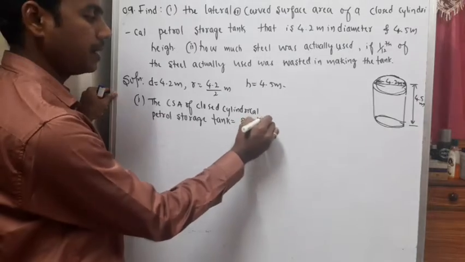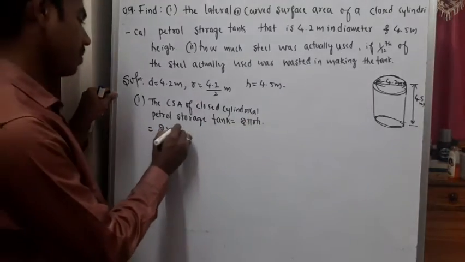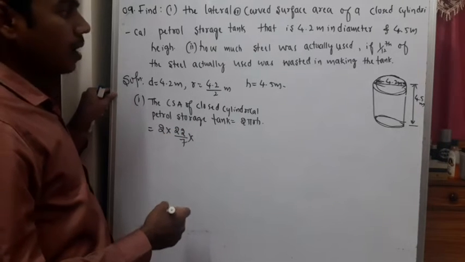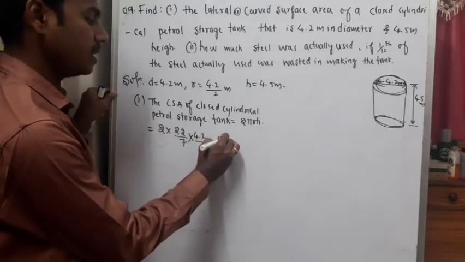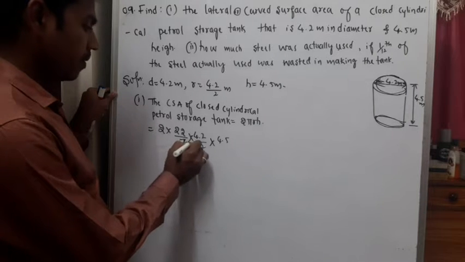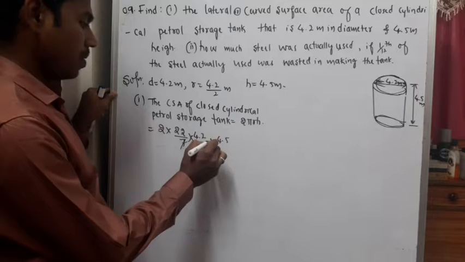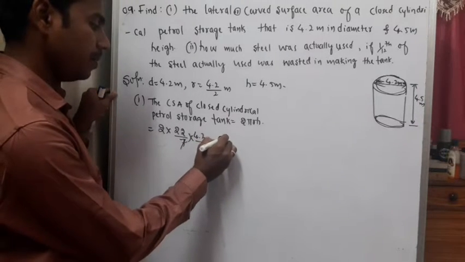2 pi RH. So 2 into pi means 22 by 7. What is R? R is nothing but 4.2 divided by 2. Height is 4.5 meter, which can be written as 9 by 2.